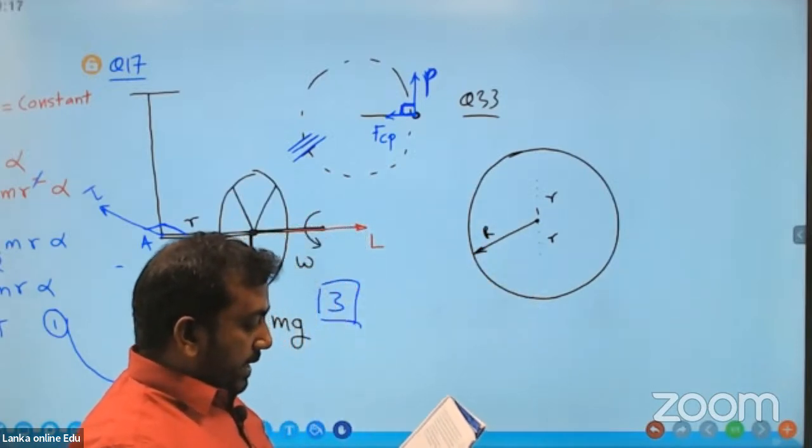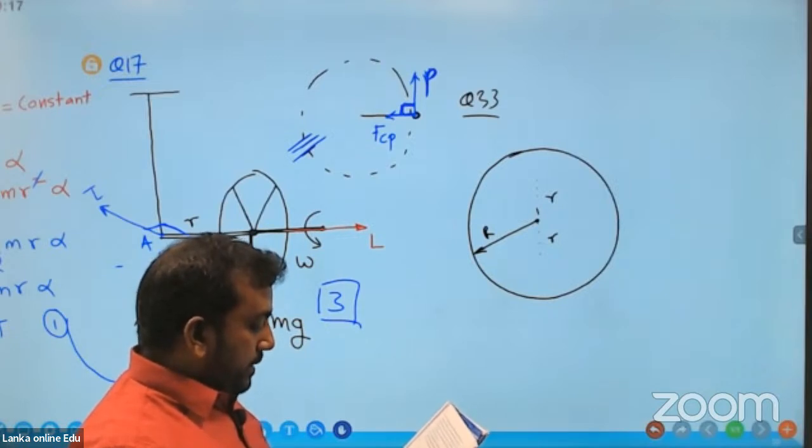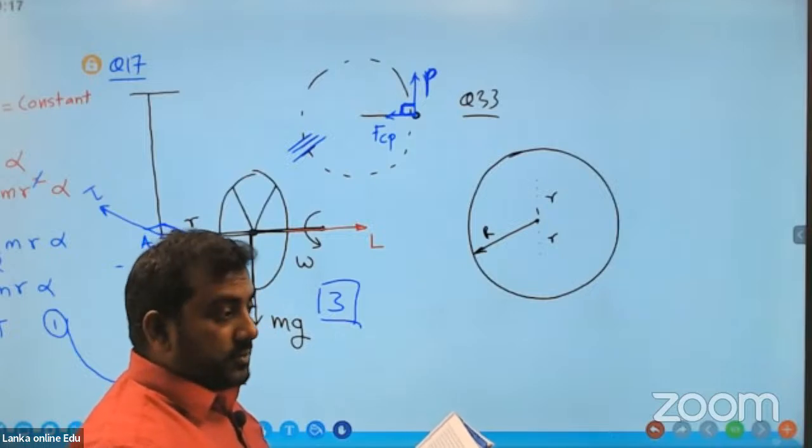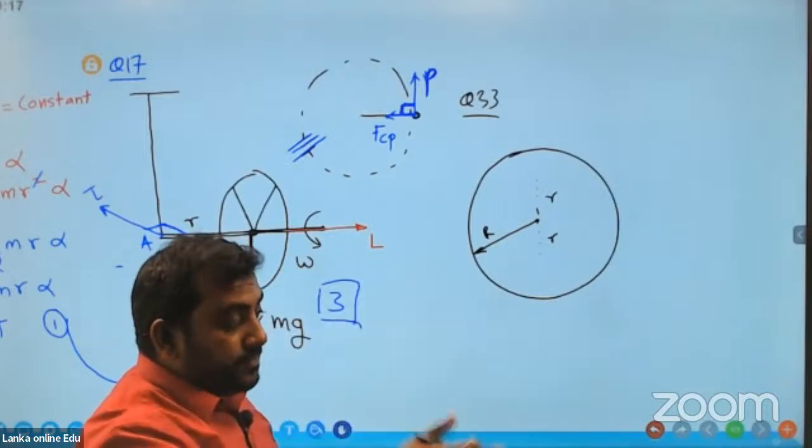When the tire is rotating with constant angular speed omega, the sand grain detaches suddenly from the tire. So there's a piece of mud, a piece of sand, coming out when the wheel is rotating.